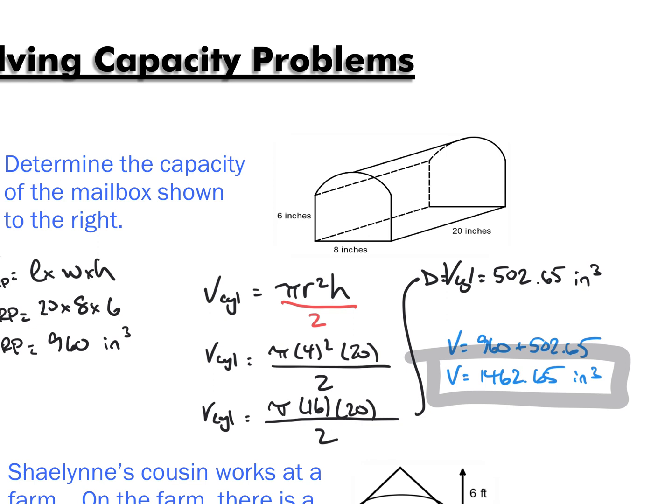So that is the capacity of the mailbox. Okay? So we find the volume of the rectangular prism, the volume of the half cylinder, and the way we treated that half was we wrote out the formula of the regular cylinder, and then we divided by 2. We took those volumes, we added them together, and that's all we needed to do.